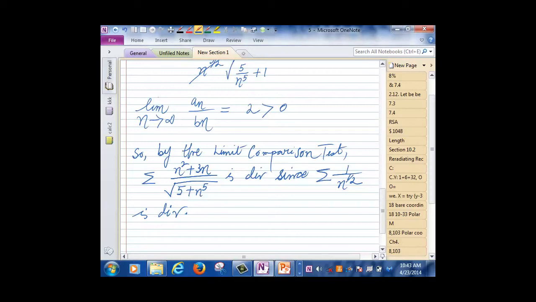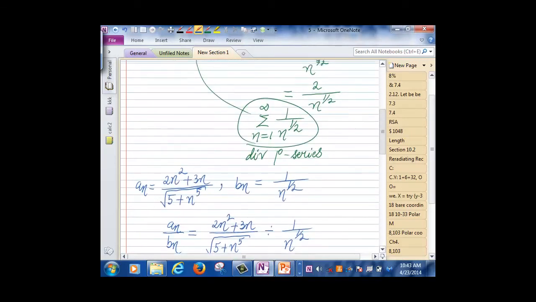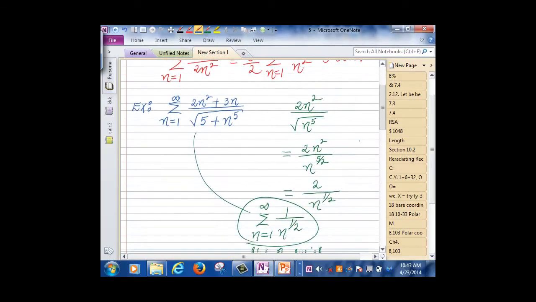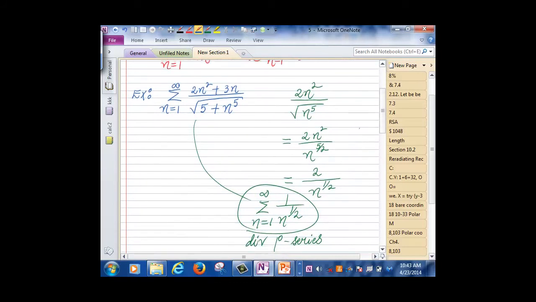Okay. Now, the series that we started with, the sum of 2n squared plus 3n divided by the root of 5 plus n to the 5, that's the divergent series, exactly what we have shown.